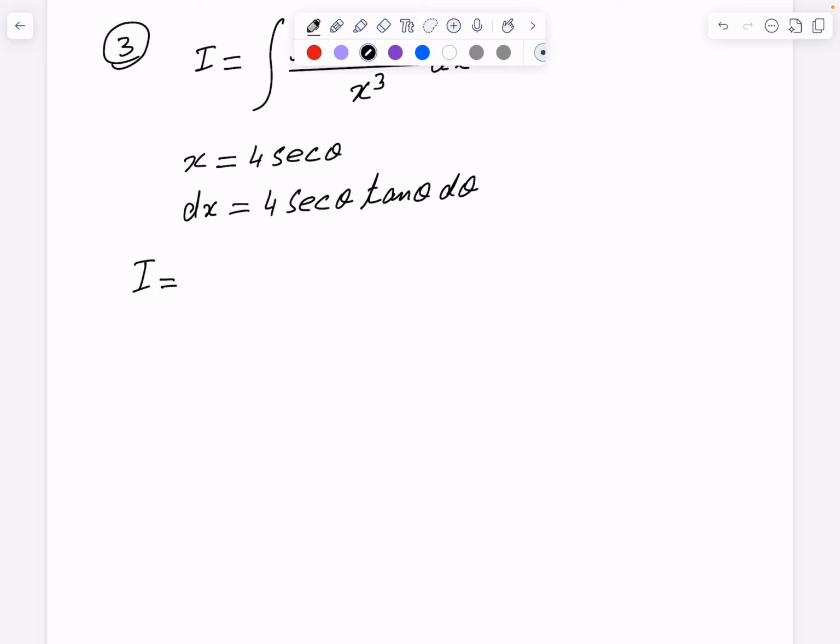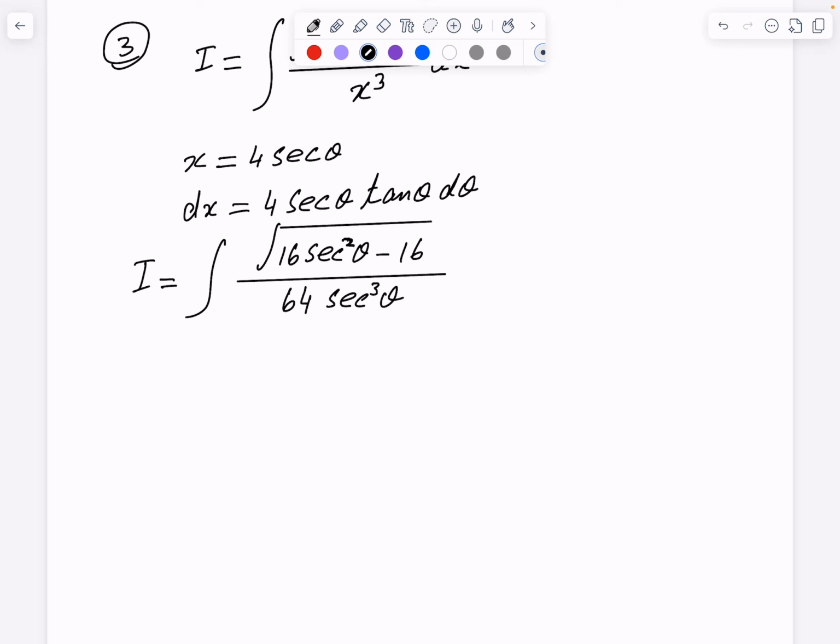Therefore I is going to equal the square root of 16 secant squared theta minus 16, divided by 64 secant cubed theta, times 4 secant theta tan theta d theta.